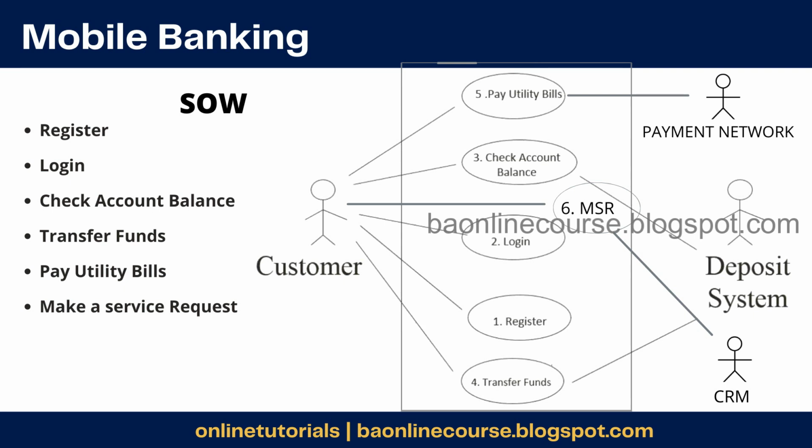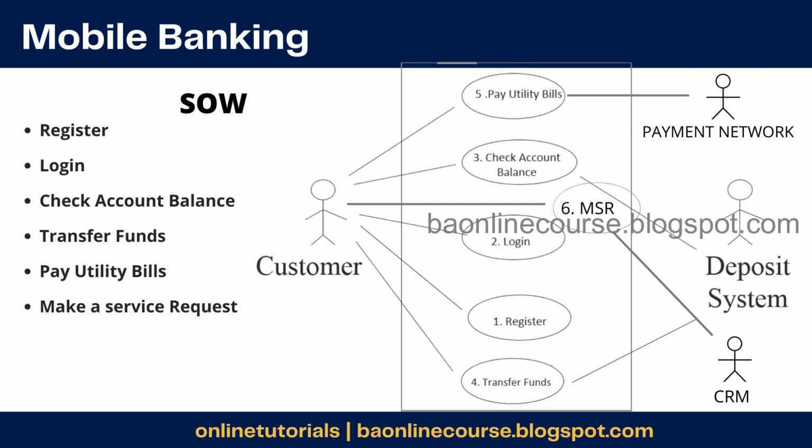If I pick up one, like login, login is a complete functionality in itself. I don't need to look at any other use case for this functionality. It's complete in itself. Everything regarding the login is covered here.